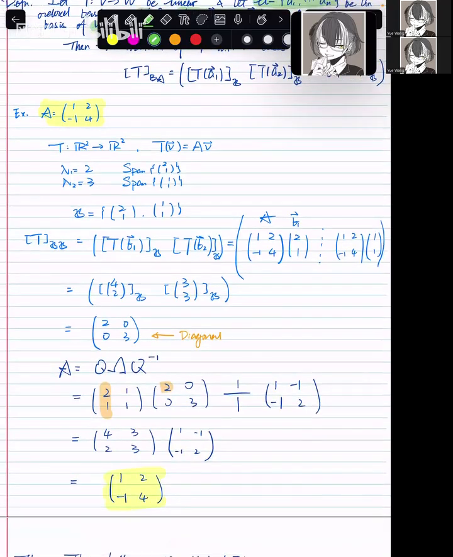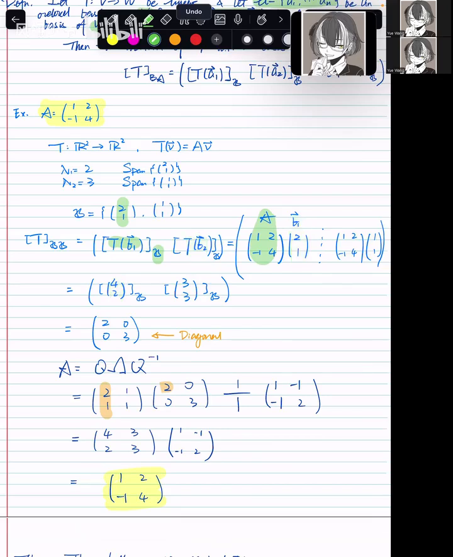Okay, now for this transformation T_BB, we transform the basis vectors and express them in our new basis B. So we transform the first vector (2, 1): matrix A multiplied by (2, 1) gives us (4, 2). Same thing, we transform (1, 1): this matrix multiplied by (1, 1) gives us (3, 3).